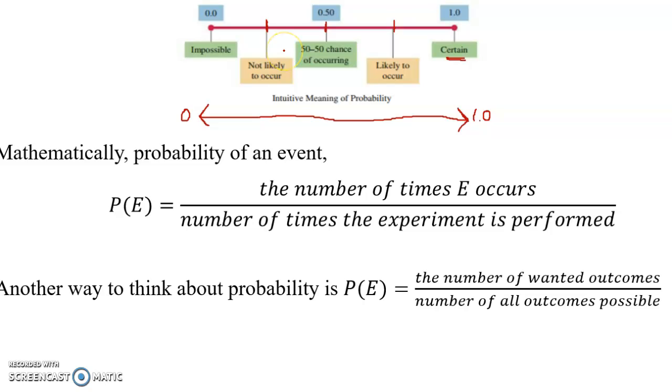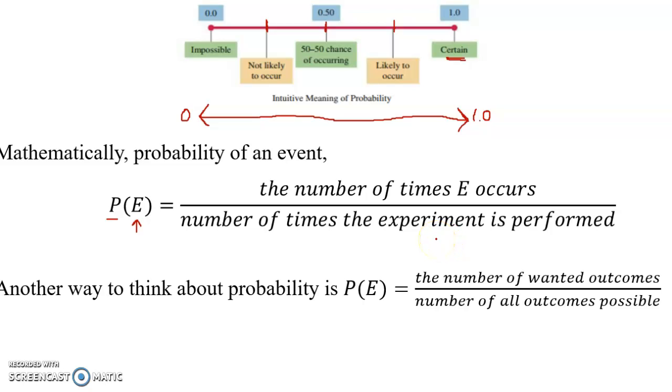Mathematically, the probability of an event is calculated using the ratio. Here's our notation. This is the probability of E, where E represents the defined event. And that comes from the ratio of the number of times the event occurs divided by the number of times the experiment is performed.